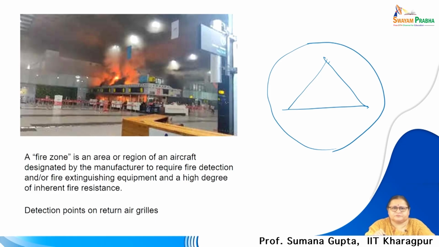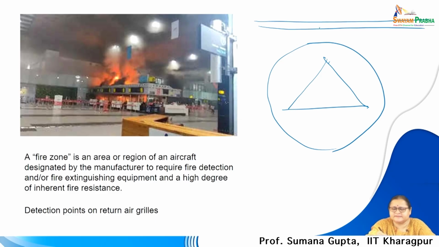So, detection points and return air grills in these kinds of zones where the aircrafts are stationed, that is the apron area, the nearness, the building facade in the nearness should be very well designed.